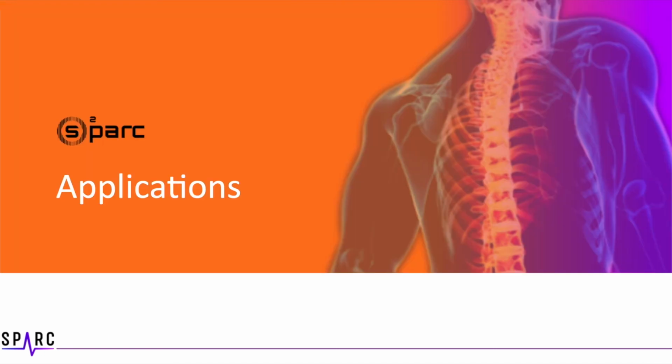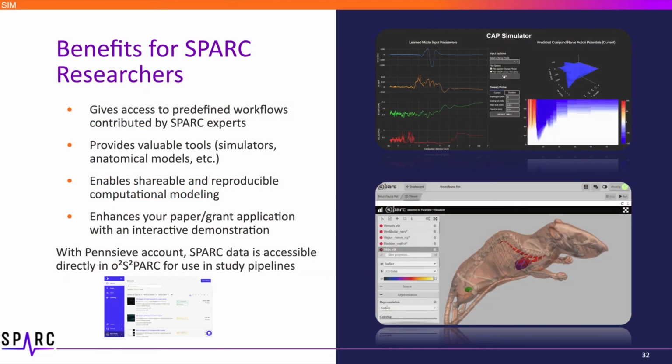And now, finally, we want to get to some applications. Who can use o²SPARC and how you might want to be using it. Of course, since we developed o²SPARC originally for Spark researchers, there are a lot of benefits for Spark researchers. First, we give you access to predefined workflows that are contributed by other members of Spark and who are experts in their field.